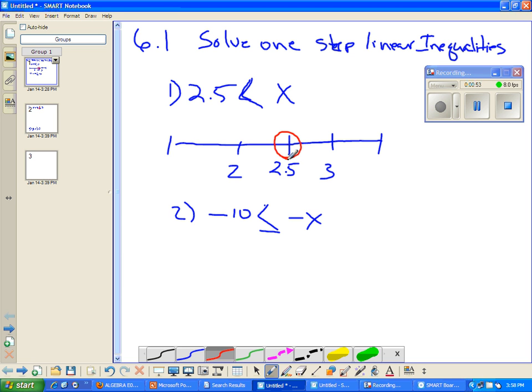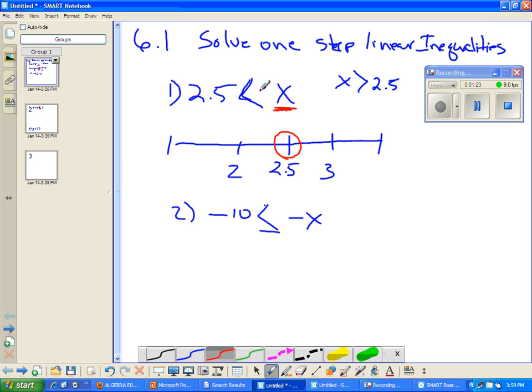The next thing I do is I could either rewrite this inequality as x is greater than 2.5. Or the other way I do it, in order to avoid any confusion, is I just read it from the x, as if I'm reading things backwards: x is greater than 2.5.